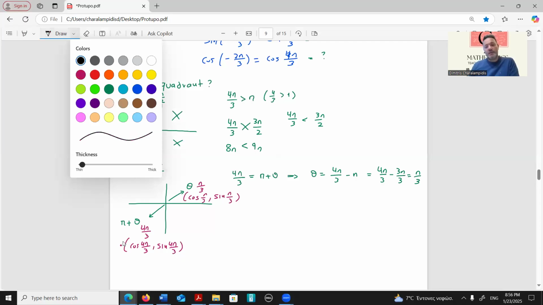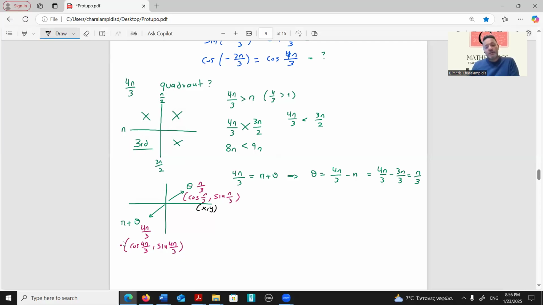With regards to symmetry, it's easy to acknowledge that both x's and y's are opposite, which means that cosine of 4 pi thirds is minus cosine of pi thirds, which is minus 1 half, and sine of 4 pi thirds is minus sine of pi thirds, which is minus root of 3 over 2.